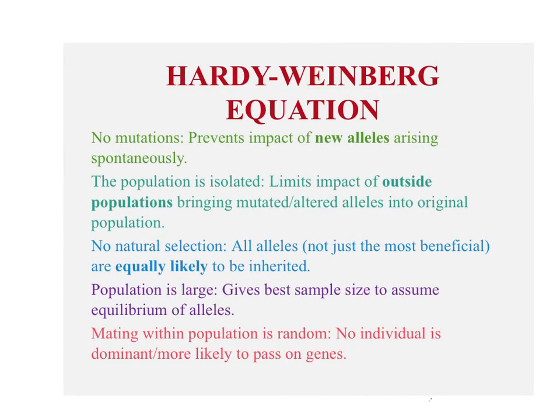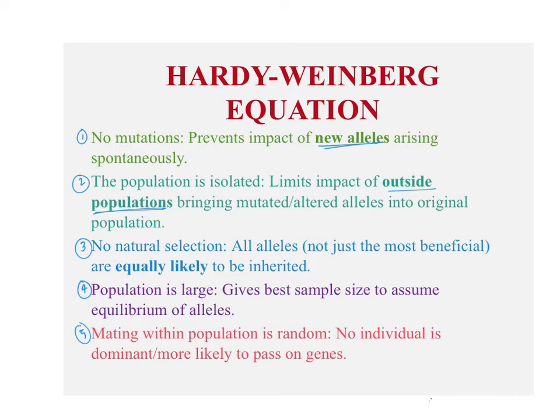And as we've said, we've got 5 different caveats that we've got to meet before we can even think about using the Hardy-Weinberg equation. And these are those. So no mutations means that we're going to get no new alleles arising. Yeah, they're not going to be able to have this new advantageous allele being mutated in. Population is isolated, so we're going to get no influx or efflux of alleles. There's going to be no migration into or out of that population either.